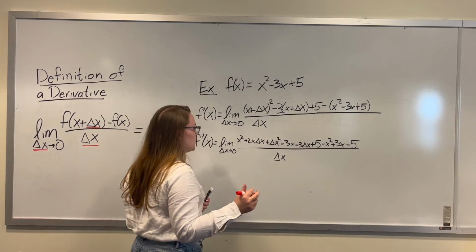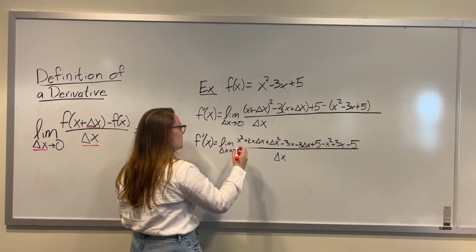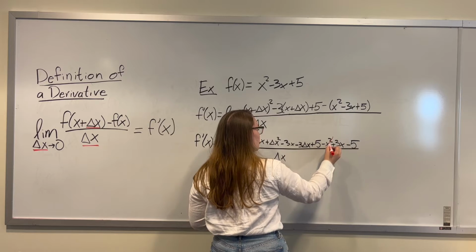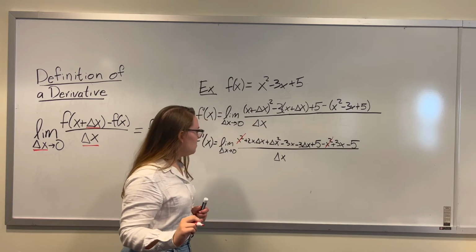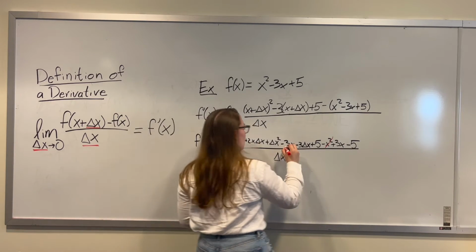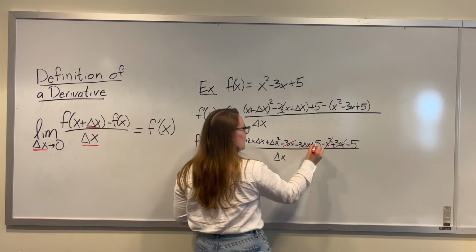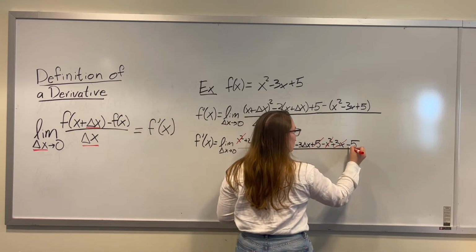And then we can start seeing some terms canceling out. So we have an x squared right there, and a negative x squared right there, so those go to 0. We have our negative 3x and our positive 3x, and then we have our positive 5 and our negative 5.